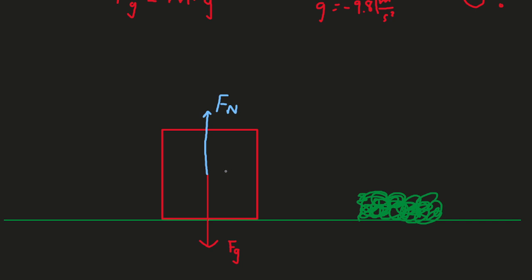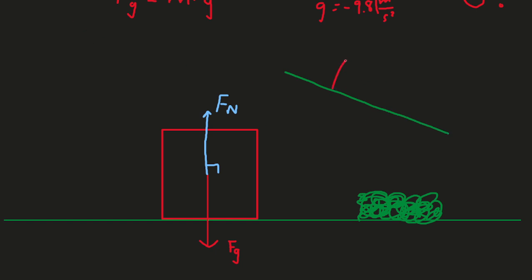So the normal force is actually not always going the opposite direction of the force of gravity. Since this is a flat ground, the normal force is always perpendicular to whatever the ground is. And the ground is at 180 degrees, we're going to call it, or 0 degrees, and the normal force would be at 90 degrees. Okay, so now, what if the object were on an incline?